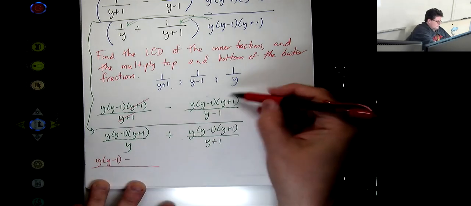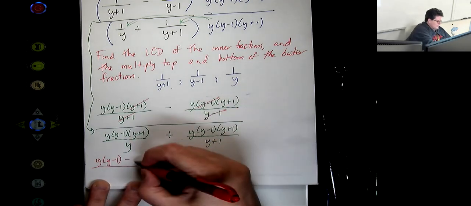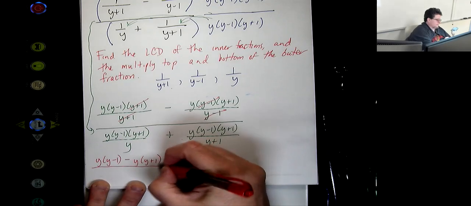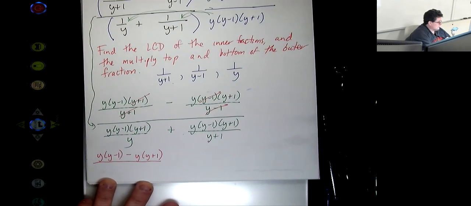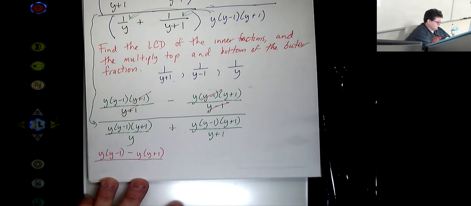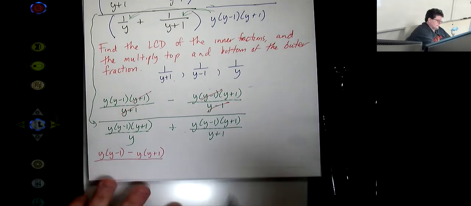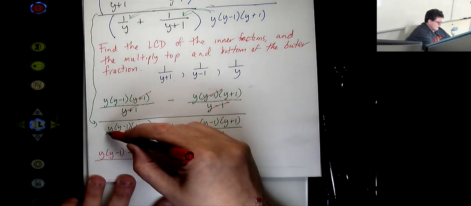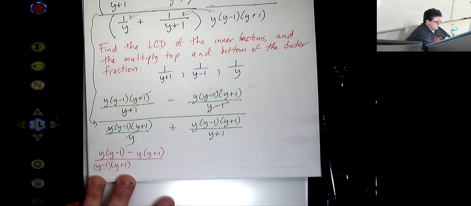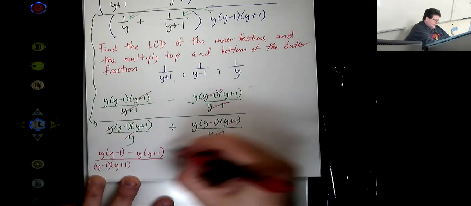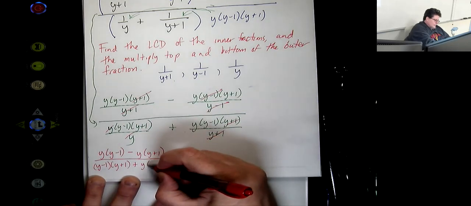In the next group, the y minus 1's cancel, and I'm left with y times y plus 1. Here, the y's cancel, and I'm left with y minus 1 times y plus 1. And finally, I'm left with a plus and then y times y minus 1.